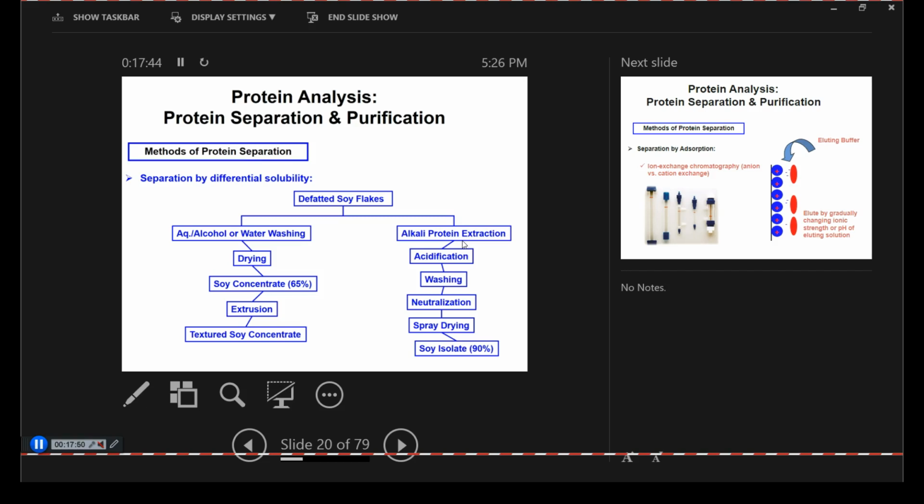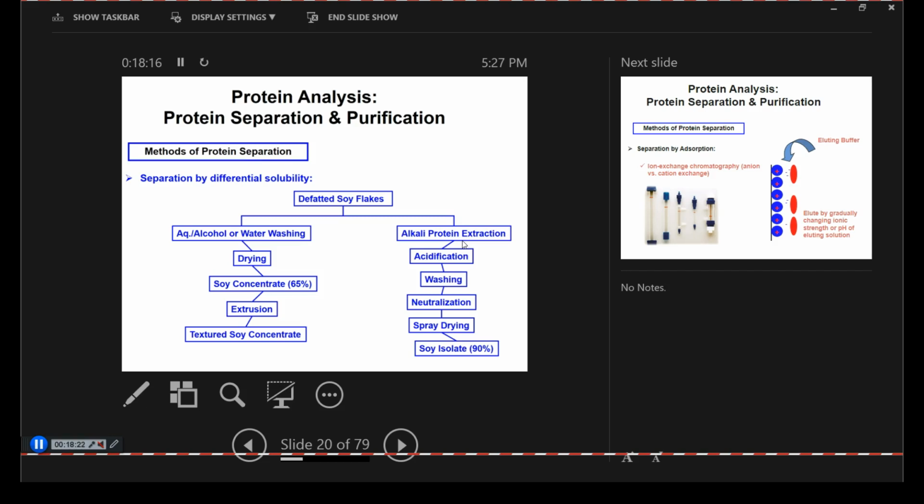Here, for example, if we add aqueous alcohol, 80%, or just a water wash, you remove the soluble sugars and oligosaccharides. And then you end up with dietary fiber and protein. So the soy concentrate is 65% protein.